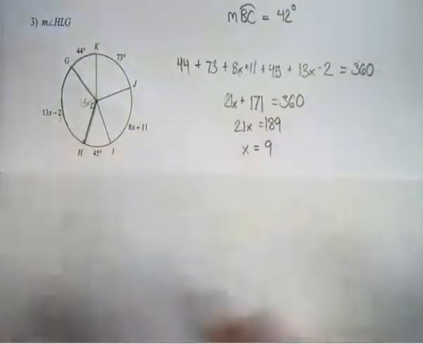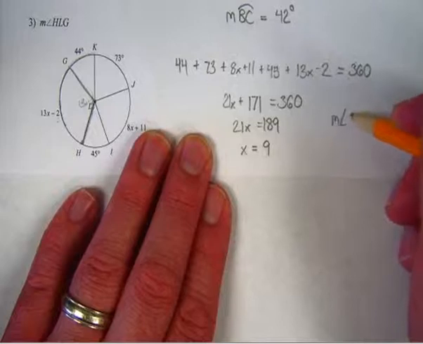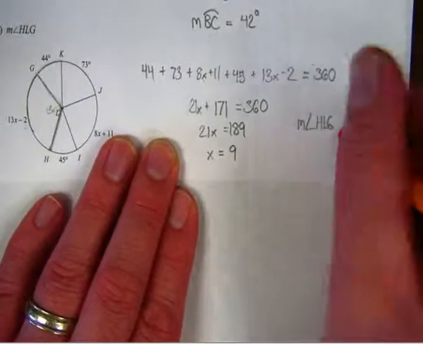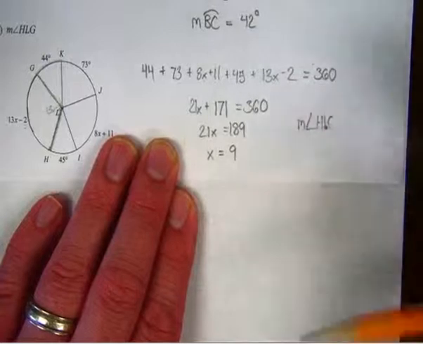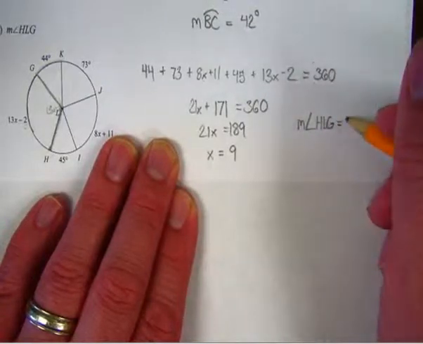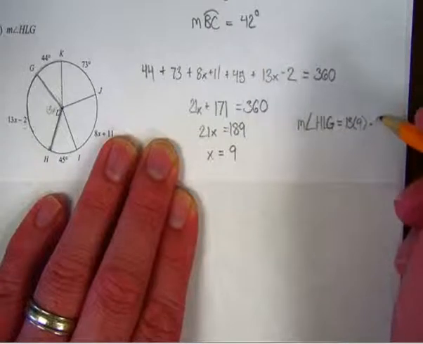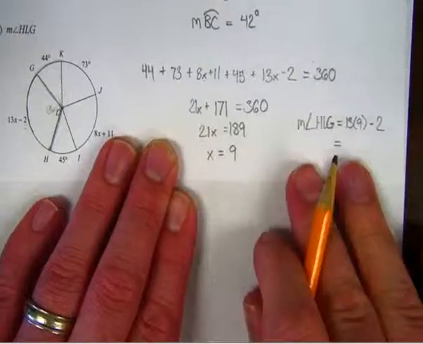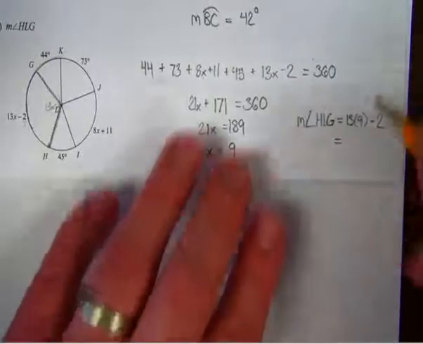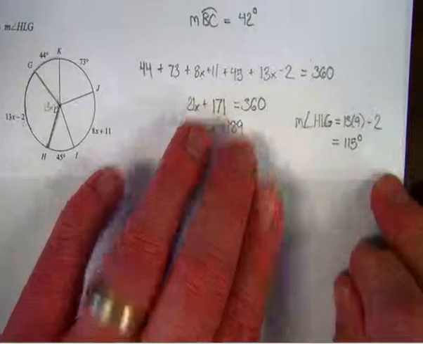So now that I know what x is, I can go back and I can say that the measure of angle HLG, and that's a G, not a 6, the measure of angle HLG will be equal to 13x, well, x is 9, minus 2, and with a wee bit of calculation, I find that that is going to be 115 degrees.